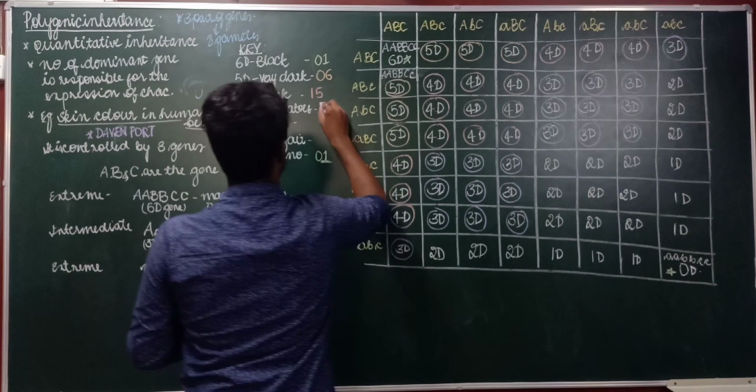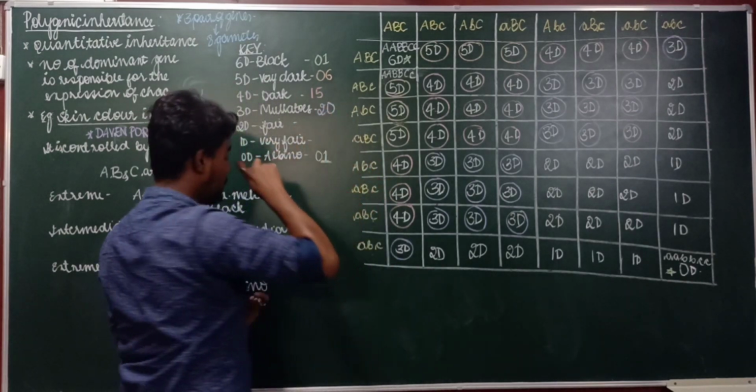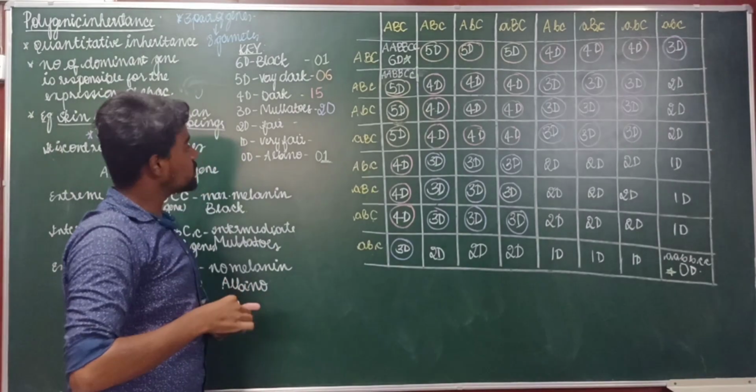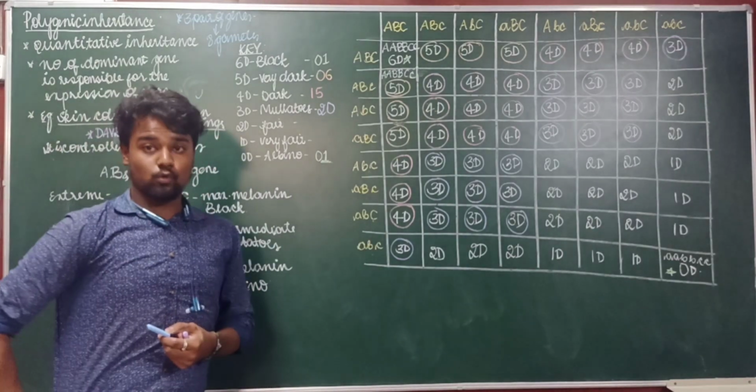So there are 20 3 dominant genes. I hope it is clear now. Next we have to count the 2 dominant genes, and we'll start counting the 2 dominant genes.